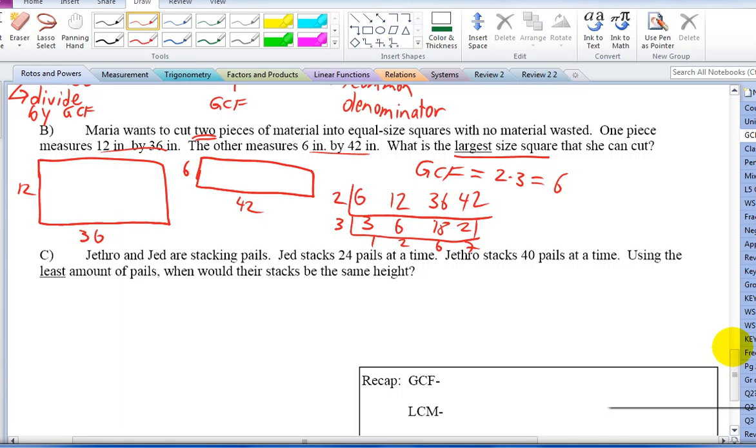Okay, Jed and Jethro, they're stacking pails. Jed, 24 at a time. So 24, 48, etc. Jethro's 40 pails at a time. So 40, 80, 120. What's the least amount of pails when they are stacked to the same height? So now we're finding the LCM. So 24 and 40. Go ahead, find the LCM.